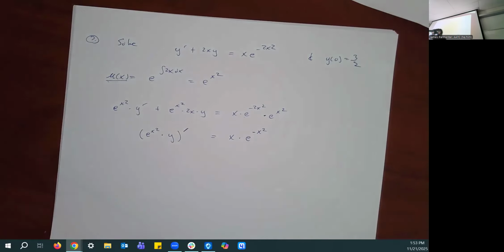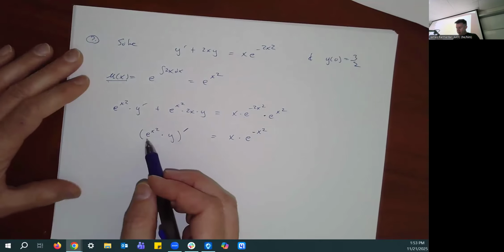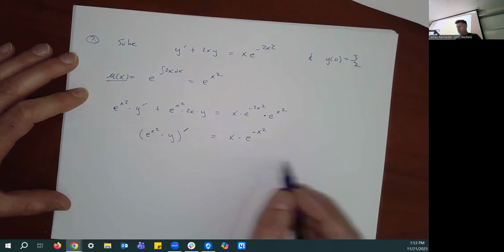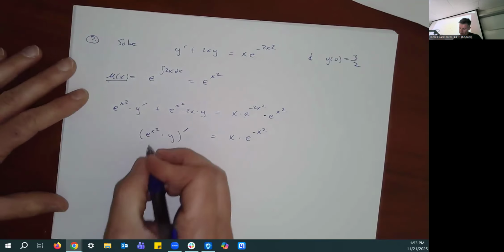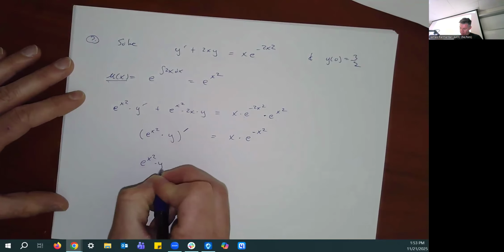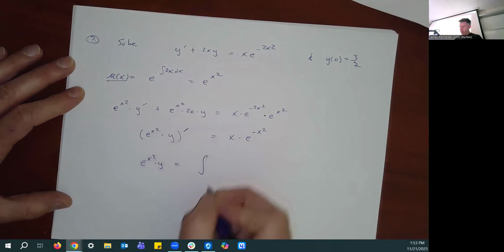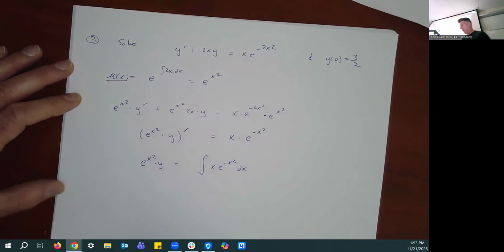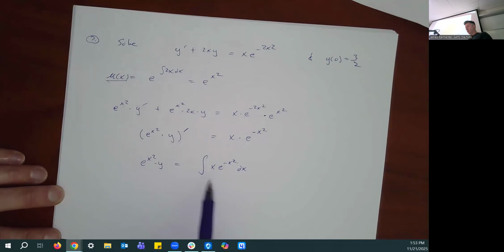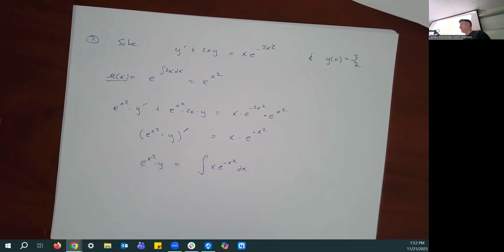Oh, you're not. Good call. Thank you. And then you rewrite it by basically imagining you were anti-differentiating both sides and say, cool, e to the x squared times y equals the antiderivative of x e to the negative x squared dx. I personally probably would do this integral before I brought this over, but either way is fine.